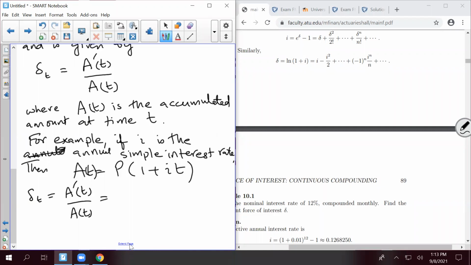So what's the derivative of this expression A of T? Remember, P is a constant, I is a constant. So what will be the derivative of A?